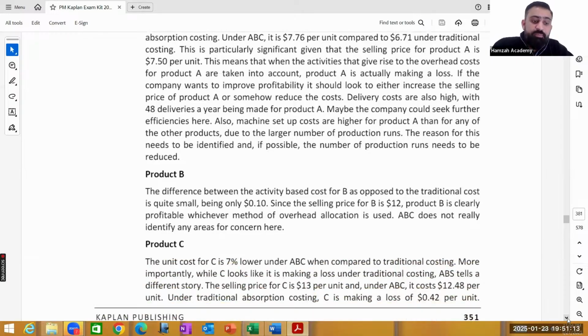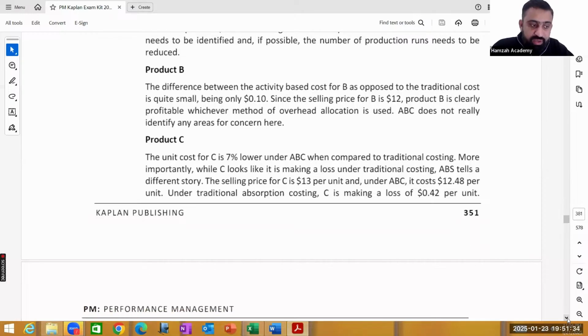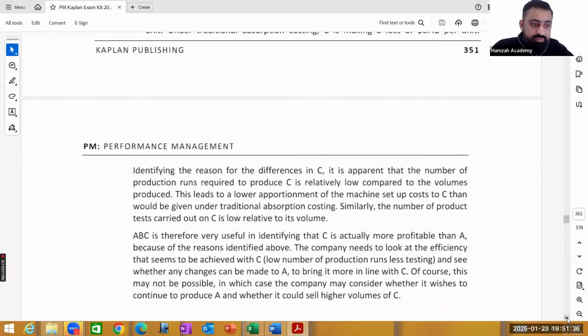But product C, which was showing a loss in absorption costing, has a cost in ABC that is less than the cost under the traditional method. And you can see, instead of making a loss in ABC, we are making a profit.